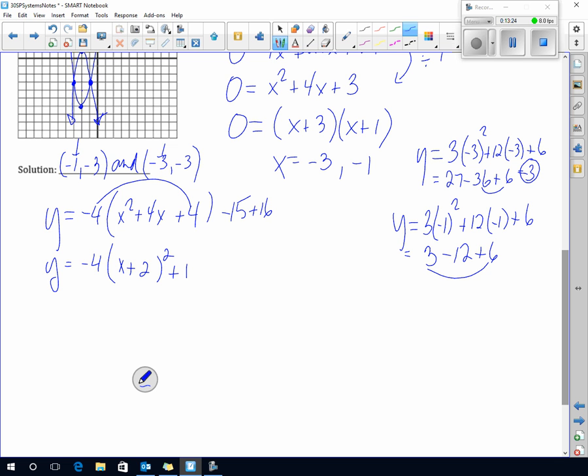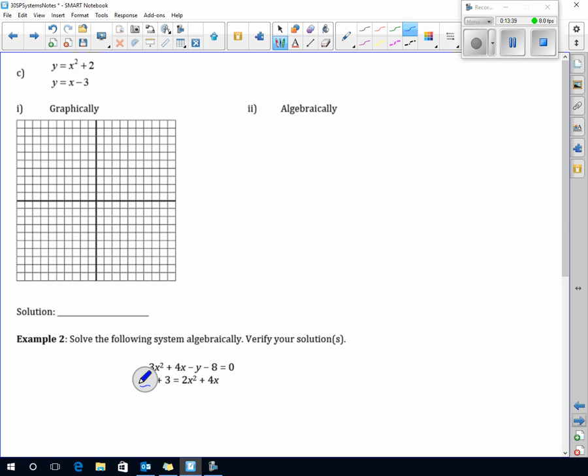Okay, looks like we have to do one more graph. Okay, try this one. This one's an easy one to graph. Yes? Okay, so this is a parabola that's up 2. And then we have a line.